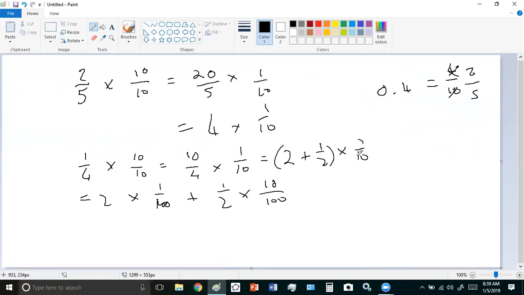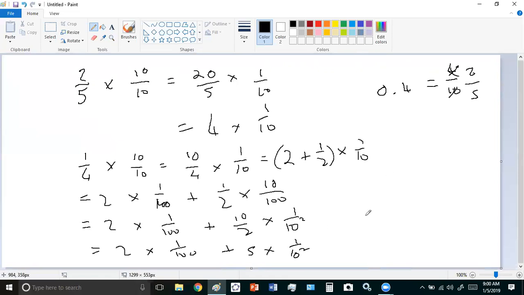I just multiplied this by 10/10, which is the same as 2 times 1/10 plus 10/2 times 1/10 squared, which is 100, which is the same as 2 times 1/10 plus 5 times 1/10 squared.